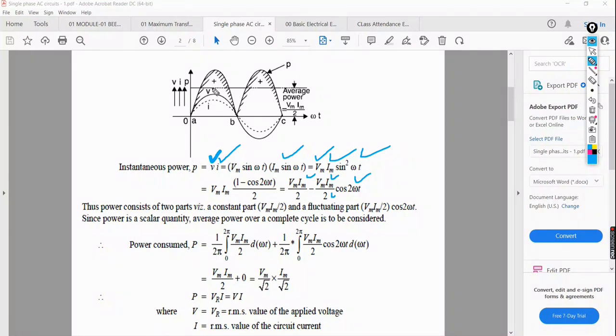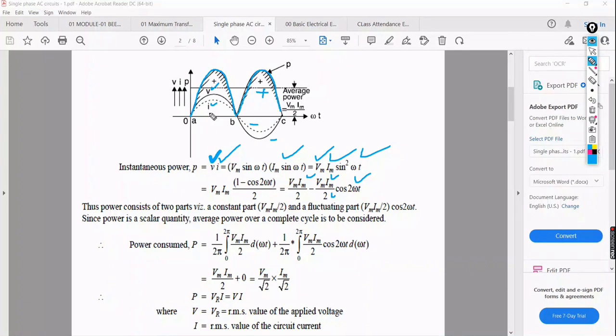As I discussed previously, voltage and current are both in phase. When the voltage is positive and the current is positive, the power is also positive. When the current is negative and the voltage is also negative, minus into minus is plus, so I again get positive power.